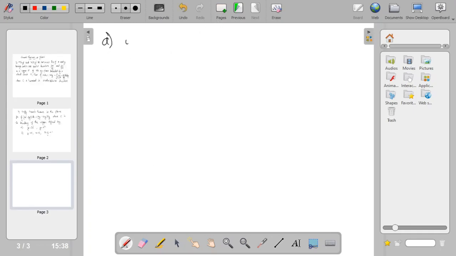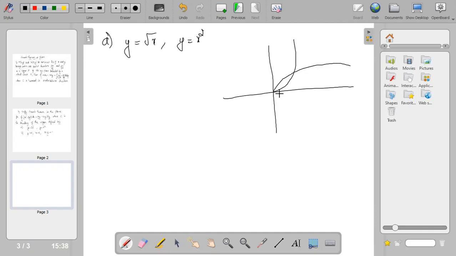So you have the curve C as y equal to root x and y equal to x². y equal to root x will be this curve, and you have y equal to x². So the region bounded by both curves is this portion.